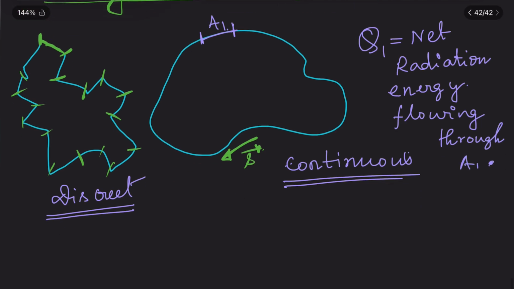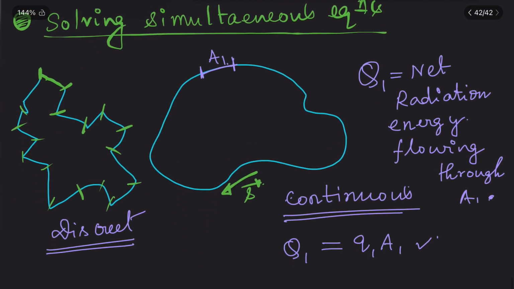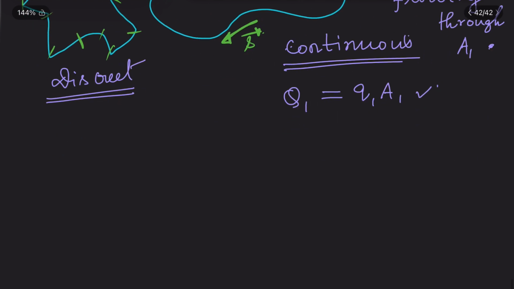Clear? And for that I have to find Q1, because capital Q1 is equal to small q1 into A1. So, net radiation energy flowing through A1. Fine.